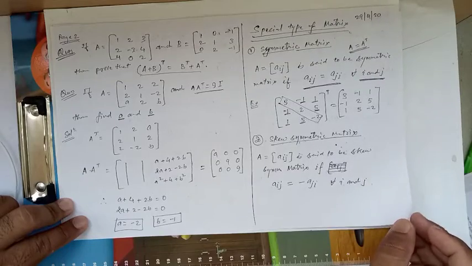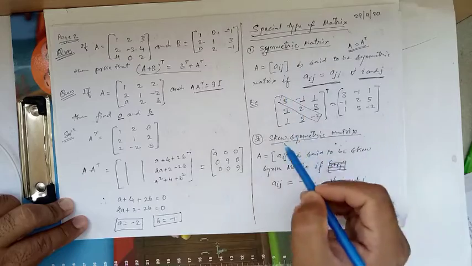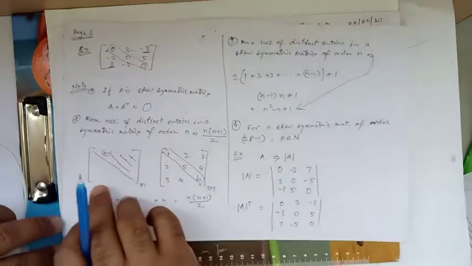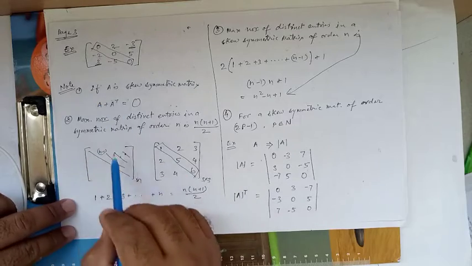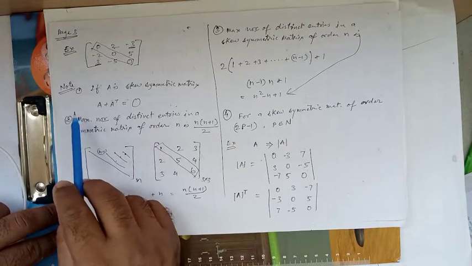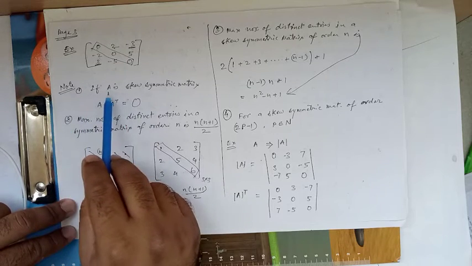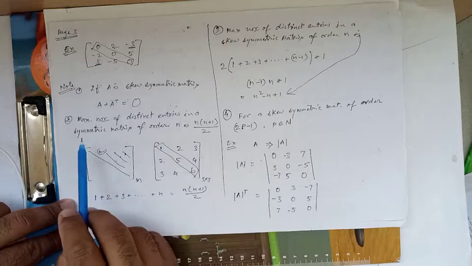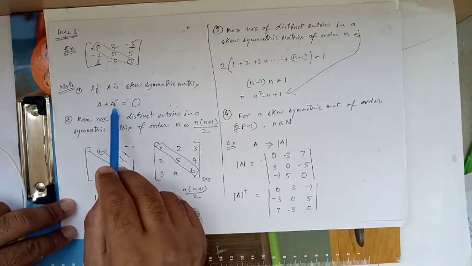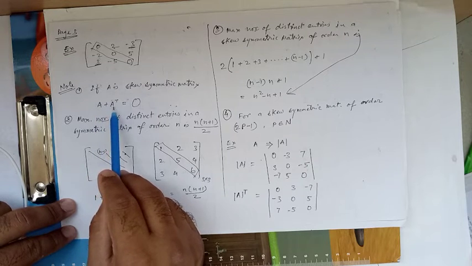And we started special types of matrix, and symmetric matrix and skew symmetric matrix we have covered, and some examples we have seen of how it works. There is a note: if A is a skew symmetric matrix, then the addition of the matrix and its transpose is equal to 0, or a null matrix.